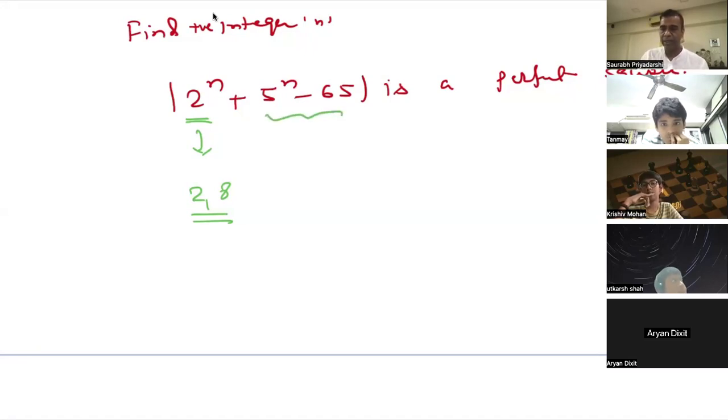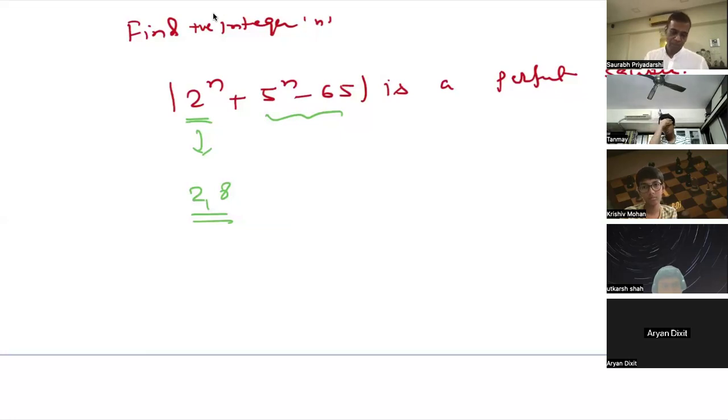So 2 or 8 will never form a perfect square. Exactly. So 100% we can say the odd numbers are not possible in this case. So only the even numbers are possible. So we have to reduce down a bit. I have taken all the numbers to be even.